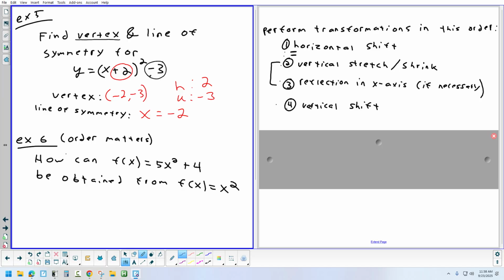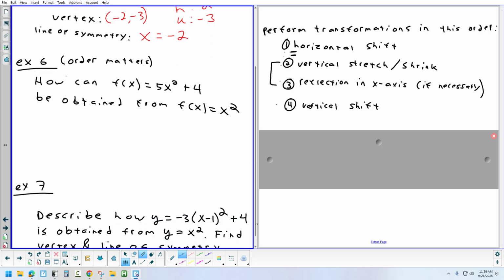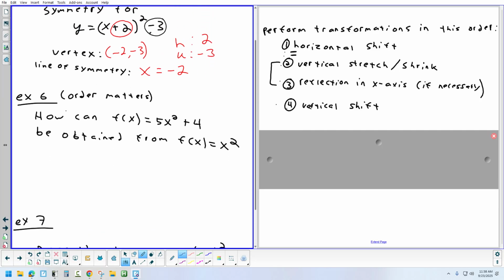Okay, so first step, let's identify how many transformations we have. Anyone think they can tell me how many transformations it's going to take to change that into that? Yeah, Luke? 2. Yep, there are 2. And what we'll do is we'll go through our order until we find one, and then we'll write it down.